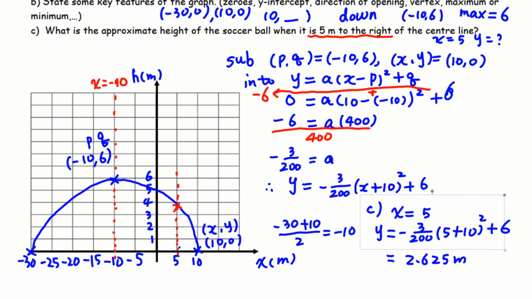So it also means that in order to block this soccer ball, a player 5 meters right of the center line needs to jump 2.625 meters, then he or she will be able to block this.